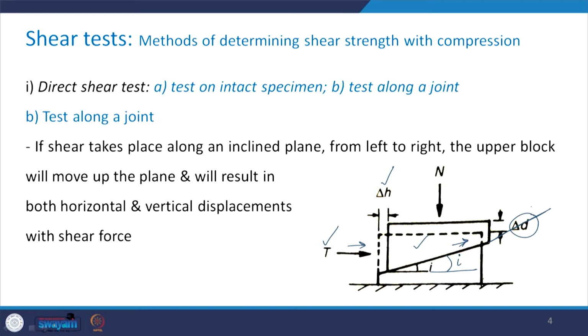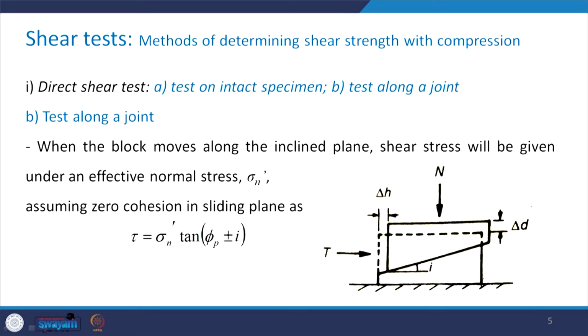As against the sliding along the horizontal plane, when the sliding takes place along the inclined plane, there is going to be the presence of horizontal as well as vertical displacements when you increase the shear force. The shear force is in this direction and therefore the block is moving upwards in this case. See, it is moving upwards along the plane of sliding.